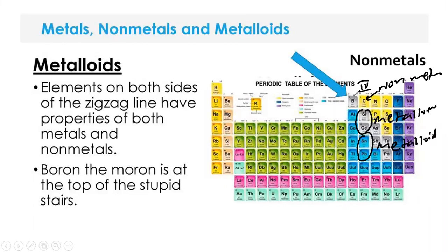Because in most of the other groups you don't get metalloids. For example, hydrogen is a non-metal and all these are metals. So this is the only group containing all three. Actually, group 5 also. Most groups contain either only metals, only non-metals, or non-metal and metal.